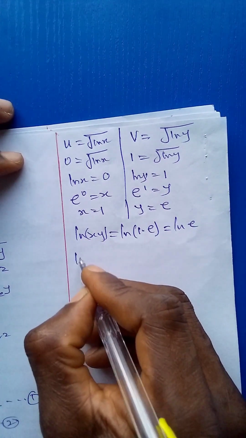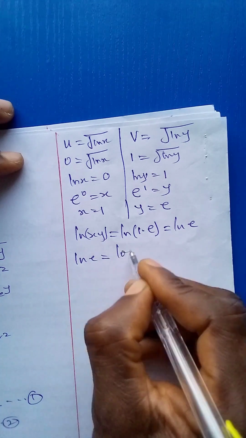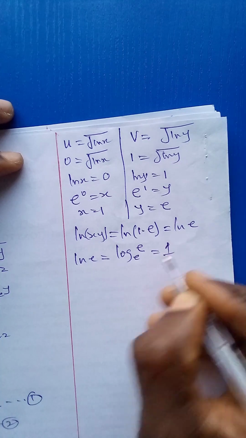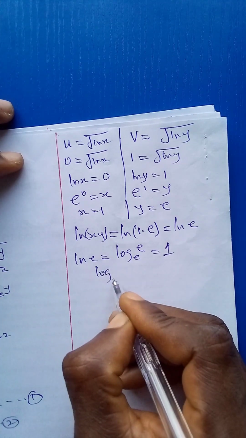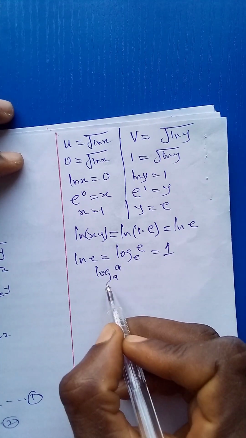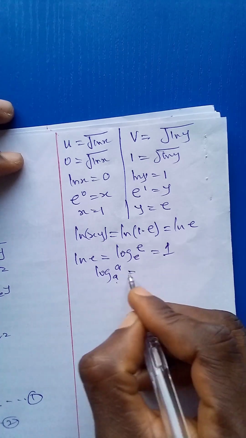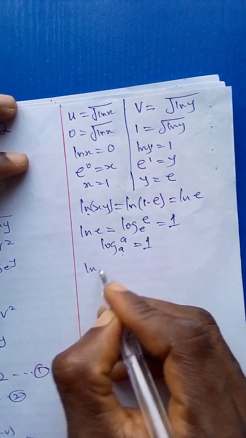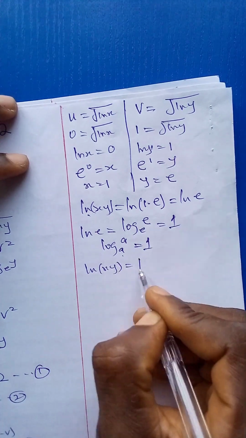Now, ln e is the same thing as log to base e of e, and log to base e of e is 1. In fact, log to base a of a, that is the logarithm of a number to the same base, will give us 1. So our value ln xy is equal to 1.